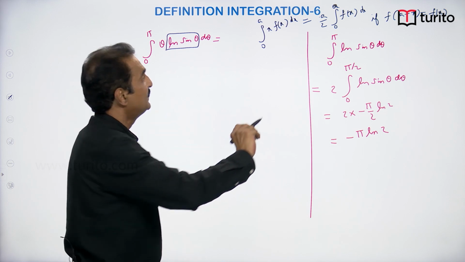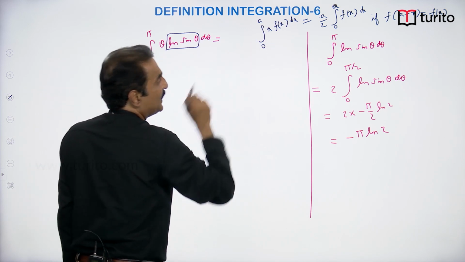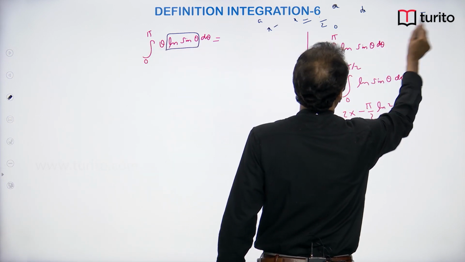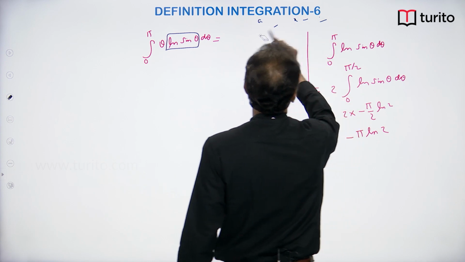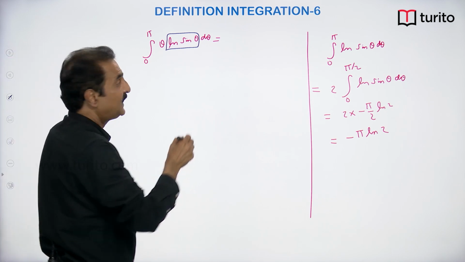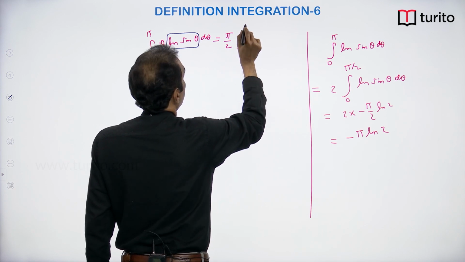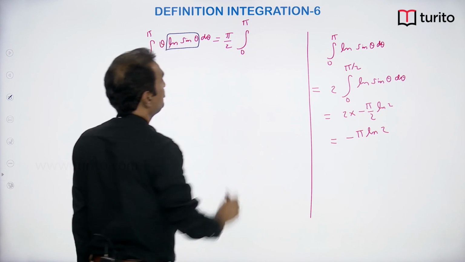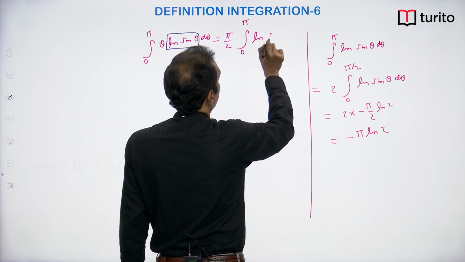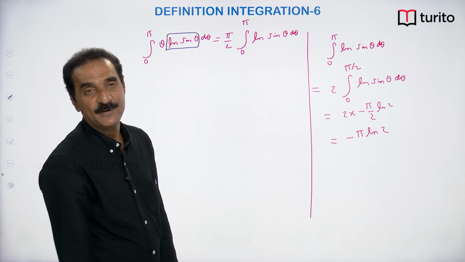This is a shortcut. Here replacing theta by pi minus theta, this function remains same. So directly I will apply that. What will I get? Pi by 2 into integral 0 to pi log sin theta. This is this integral, minus pi by 2 log 2.